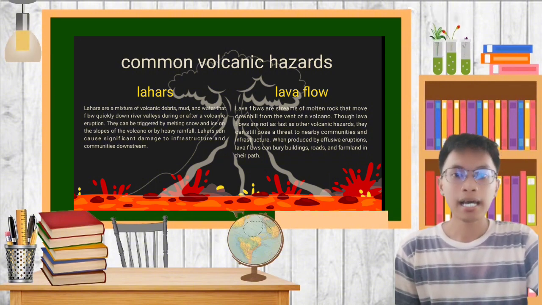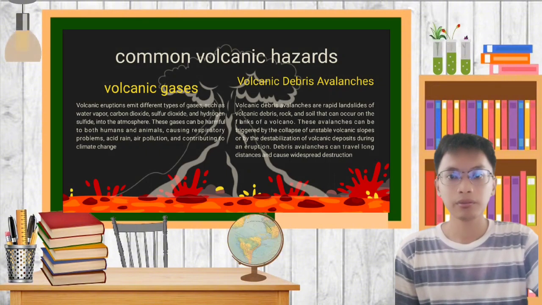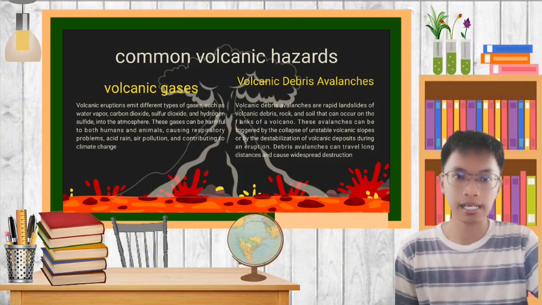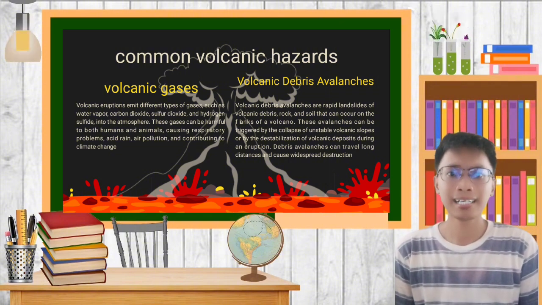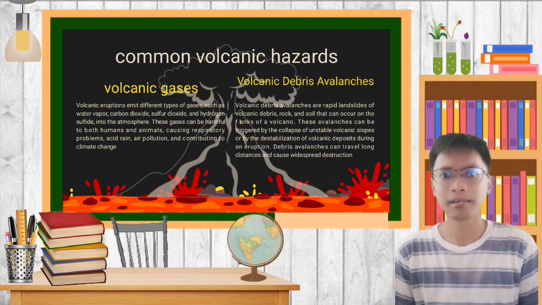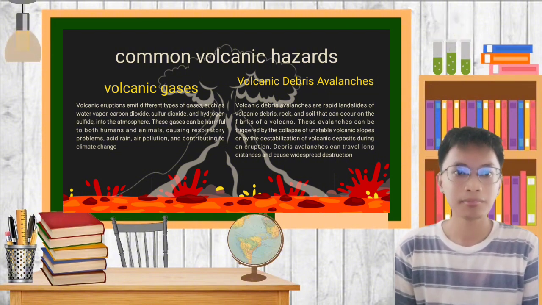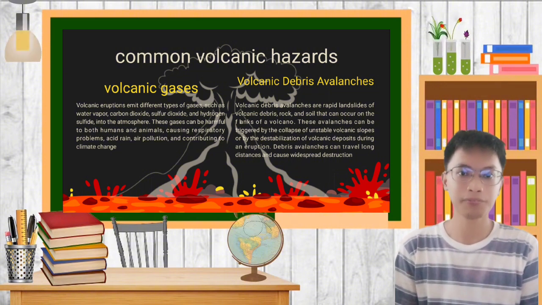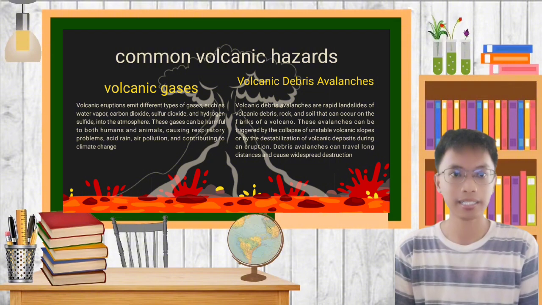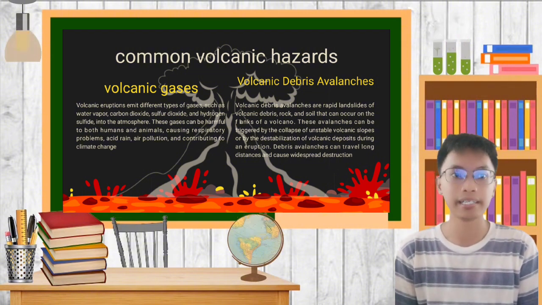Now let's proceed to the next hazard, which is the volcanic gases. Just like other gases such as carbon dioxide and carbon monoxide, volcanoes can release a variety of gases, including sulfur dioxide, carbon dioxide, and hydrogen sulfide.